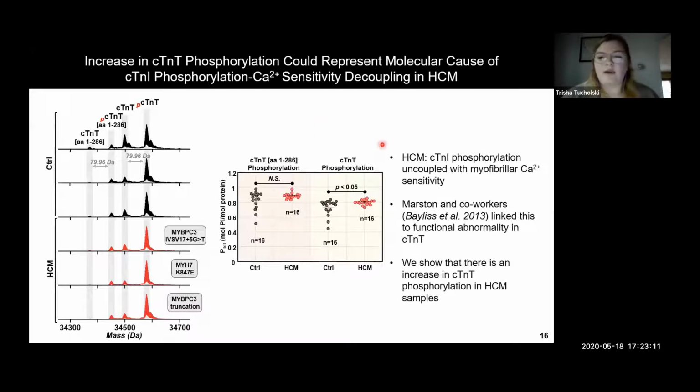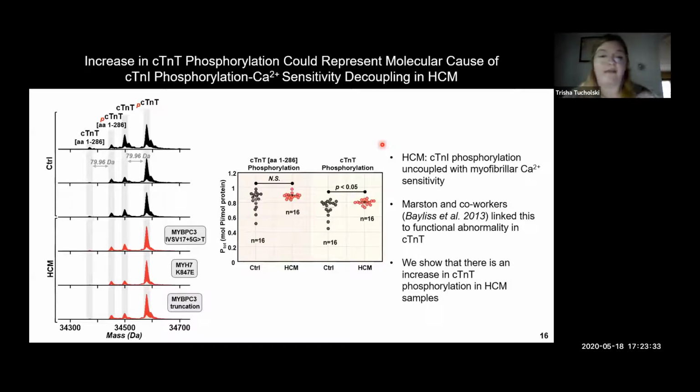And they were able to link this to a functional abnormality in cardiac troponin T. So what they did was they replaced the endogenous cardiac troponin T with a recombinant TnT, and they were able to recover the coupling of phosphorylation of cardiac troponin I and calcium sensitivity.